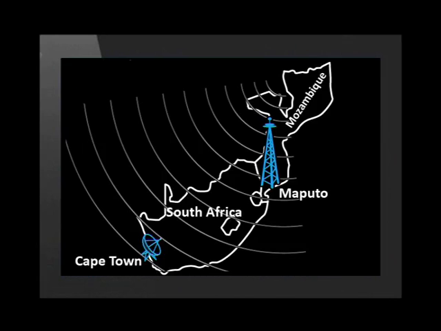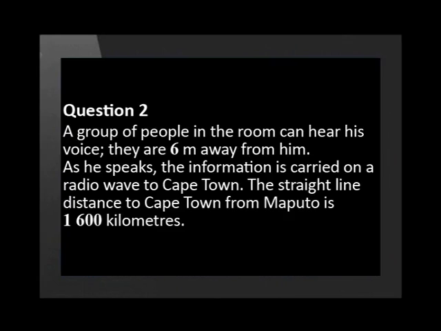Here's the second question. In a commentary box at a stadium, a radio announcer is reporting on a soccer match in Maputo. A group of people in the room can hear his voice. They are 6 meters away from him. As he speaks, the information is carried on a radio wave to Cape Town, where it is heard by someone listening to a radio.